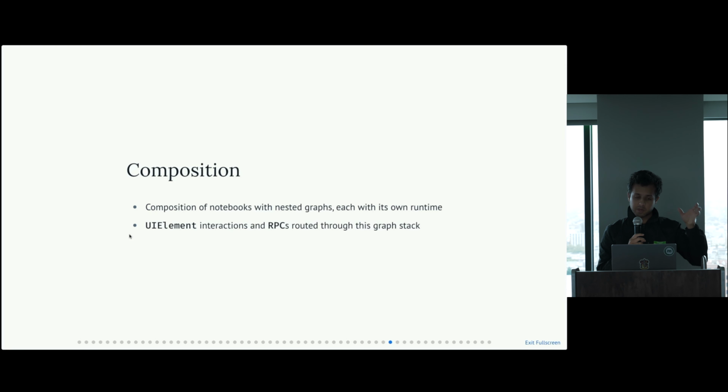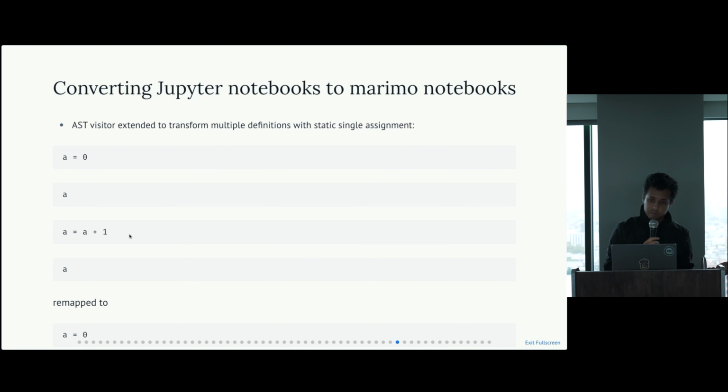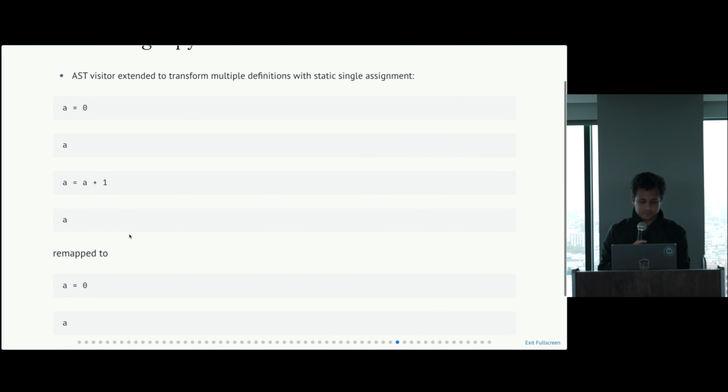If you embed a notebook, there's a nested graph, each with its own runtime. The interactions from the front end are routed through this stack of graphs intelligently. We can convert Jupyter notebooks to Marimo notebooks by extending our AST visitor to transform multiple definitions with static single assignment.